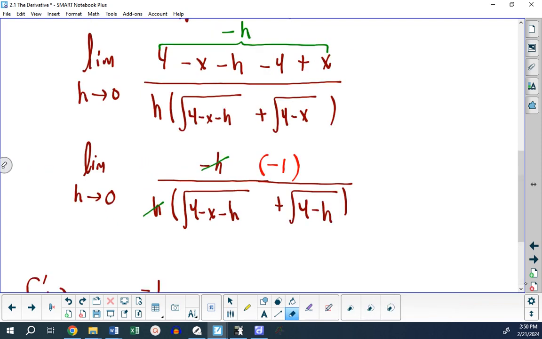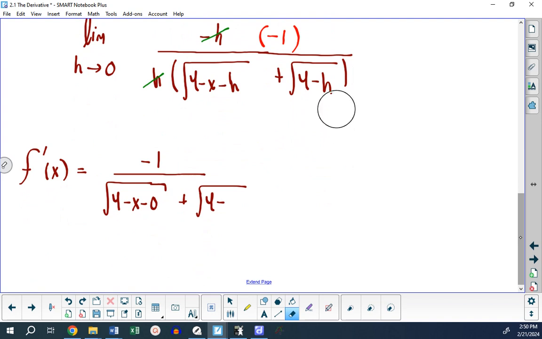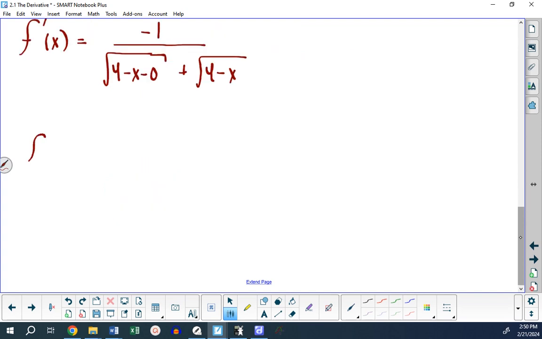A couple of minutes ago I asked, is everybody okay with that? Because I saw at least one person with that furrowed brow, and I'm assuming that's what you were looking at. So this is x. Well, what do I get? I get that the derivative is -1 over 2 root 4 minus x.